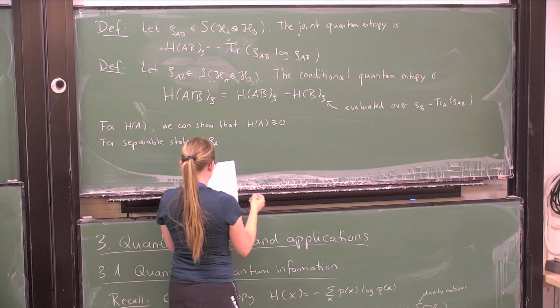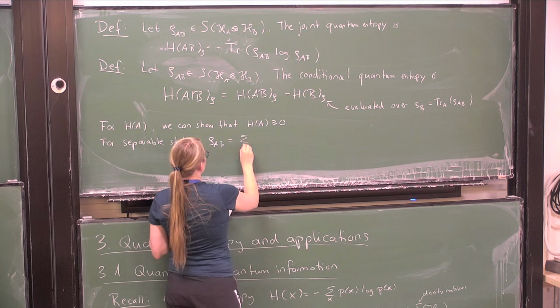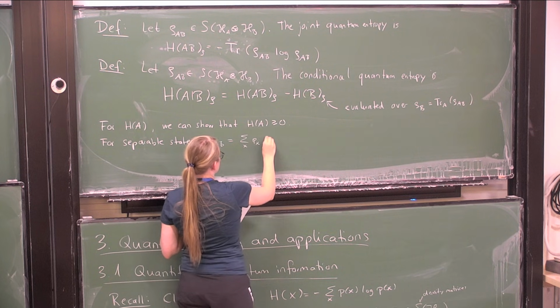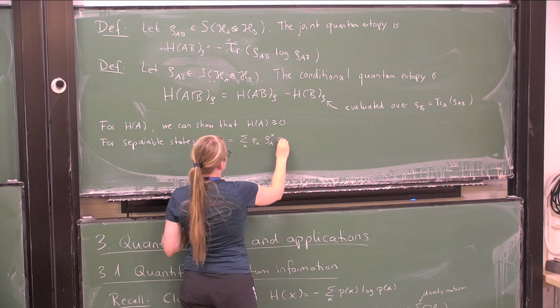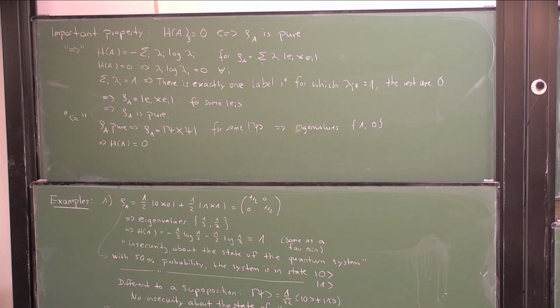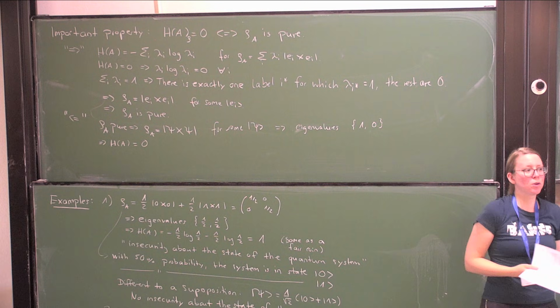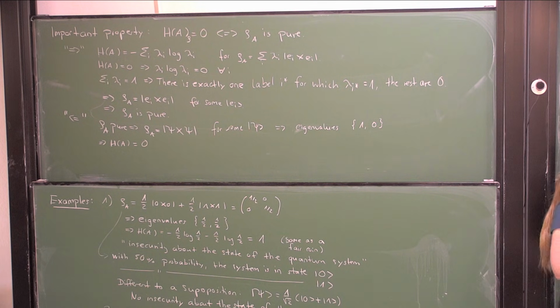So we have a combination of product states. The interesting things begin when we don't look at separable states but go to entangled states.